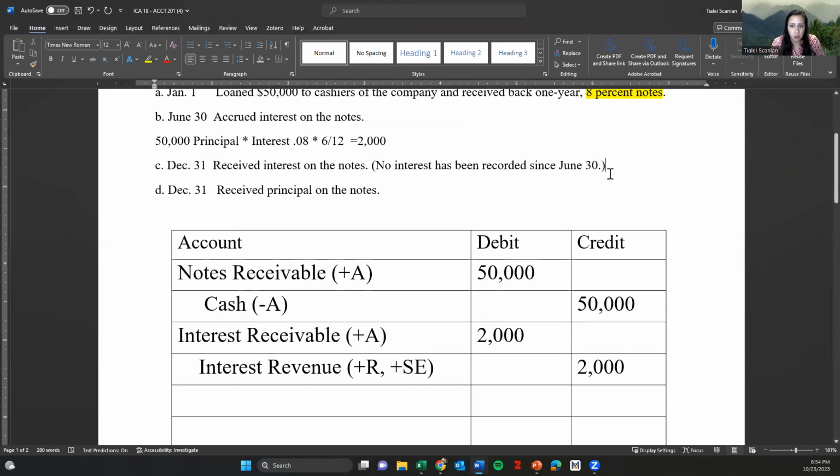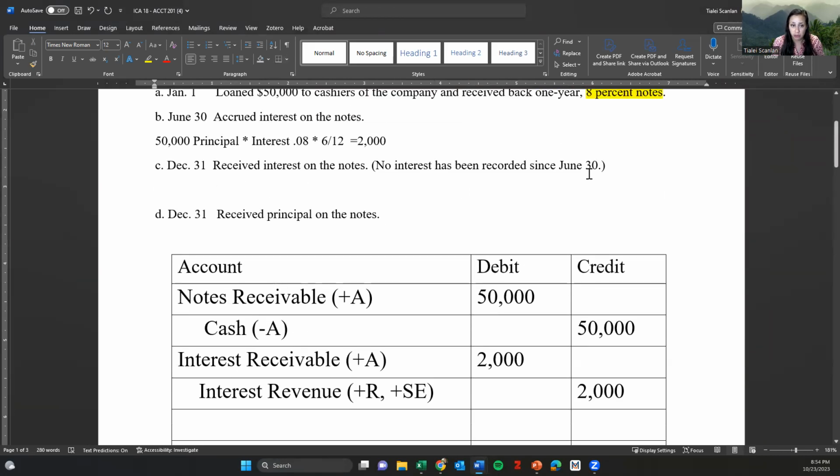So I could calculate what is all the cash that they owe me for the whole year. 50,000 multiplied by 0.08 multiplied by 12 out of 12. And that would just be, if this is 6 months, it would be double that. So it would be 4,000. But just to make sure, you might as well calculate.